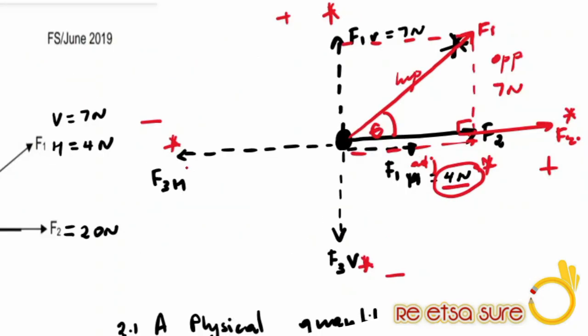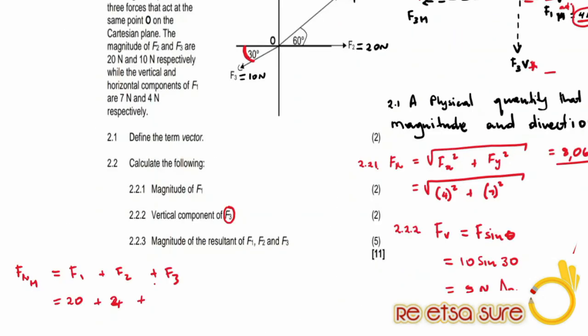But now check the direction of this F3H. It's not in the same direction as those. So for the fact that this one is pointing to the left, we are going to put this one in our calculation as negative. So it's positive turned into negative 8.66 Newton.